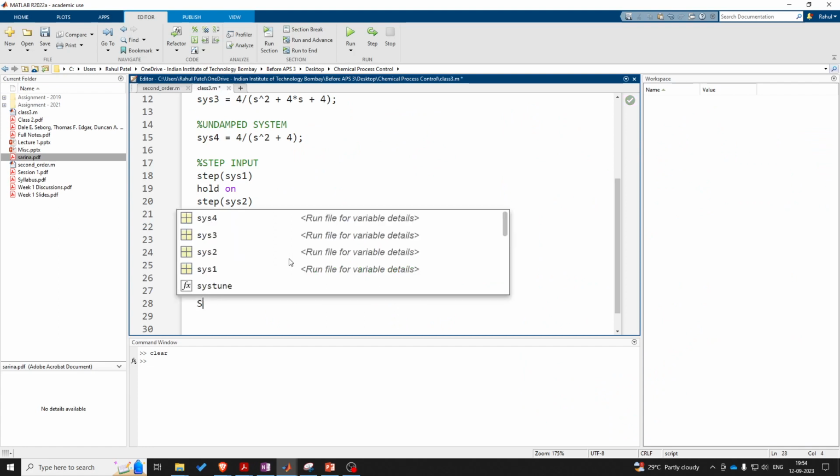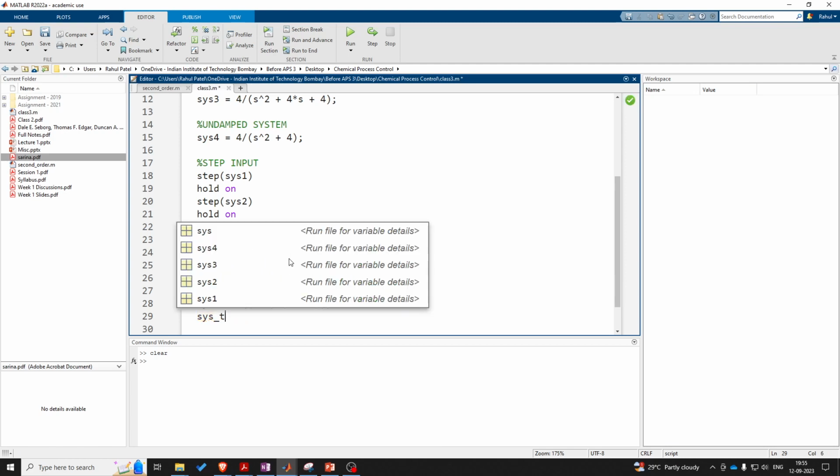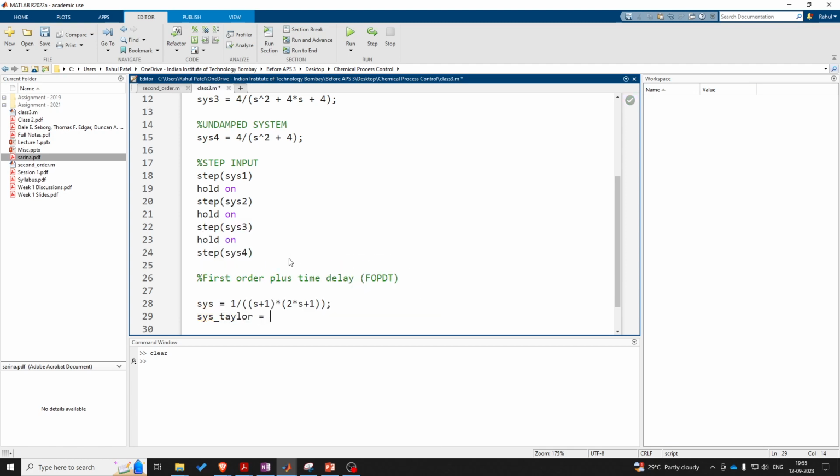So let's define our original system. This is our higher order system, 1 divided by (s plus 1) into (2s plus 1). Then based on the Taylor series, it was e raised to minus s upon 2s plus 1.